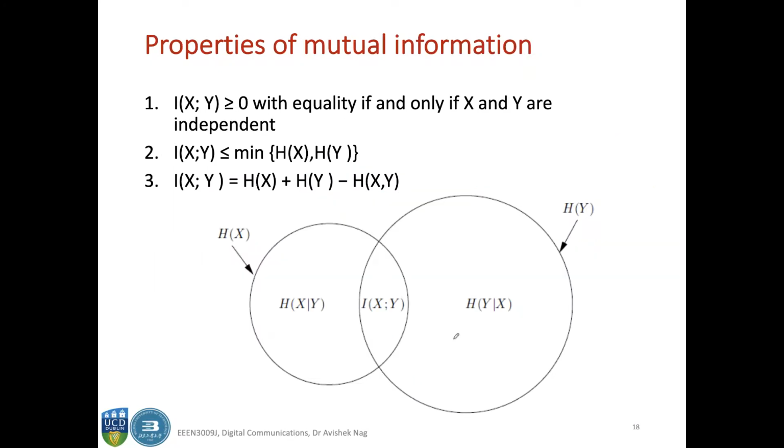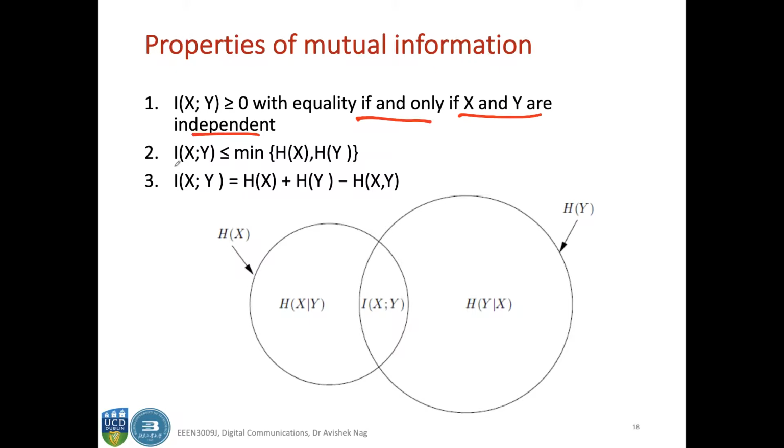So these are some of the properties of mutual information. I(X;Y) is always greater than or equal to 0, with equality if and only if X and Y are independent. If X and Y are independent, then you don't gain anything about X by observing Y, or anything about Y by observing X. Therefore your mutual information is equal to 0 when X and Y are independent.